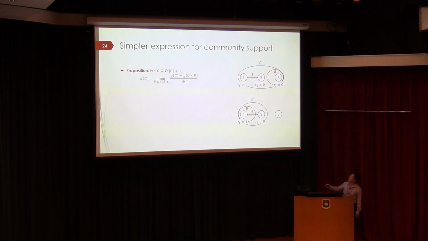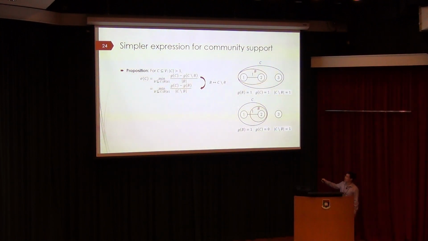There is actually a simpler expression than the mini-maxi-min expression, and this is the one. We can also rewrite it in this form. This is the solution, and you can check that indeed it coincides with the quantity we just computed.